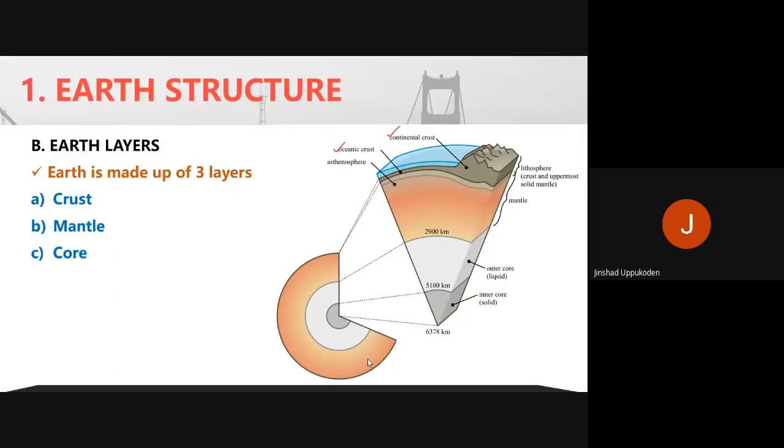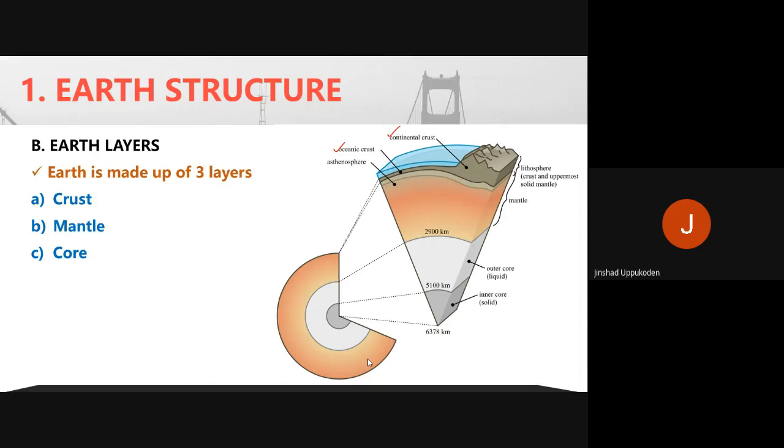So the oceanic crust, whose thickness is comparatively lesser under the oceans, and then we have the continental crust. The thickness of the continental crust is more compared to that of the oceanic crust.